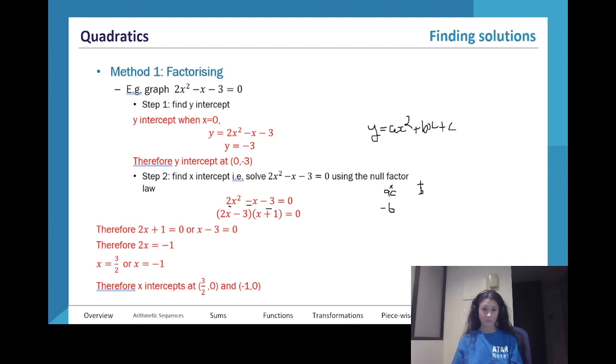Now we need to think of two numbers that multiply together to equal -6, and add together to equal -1.